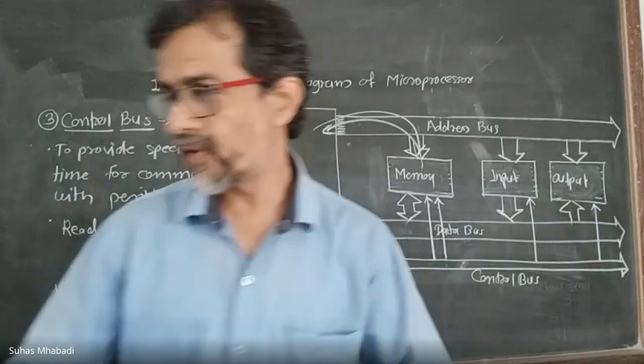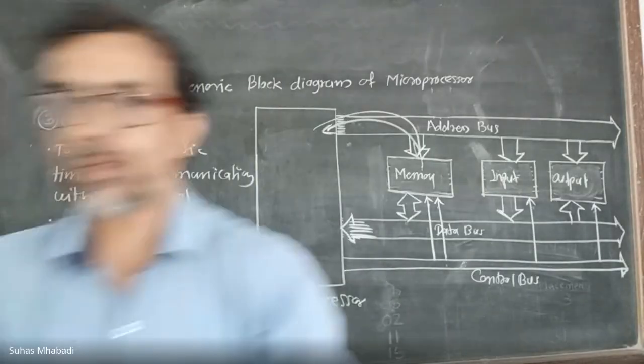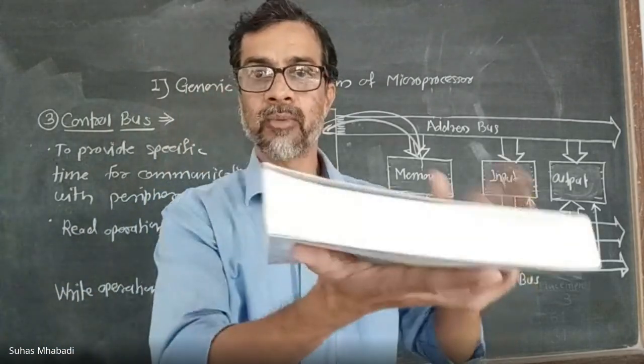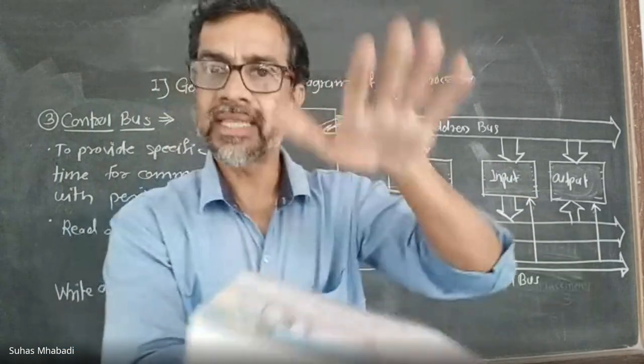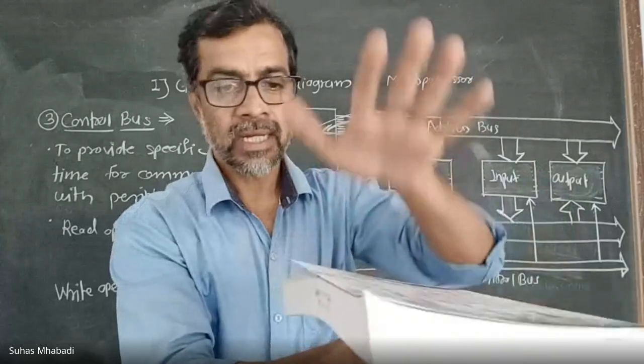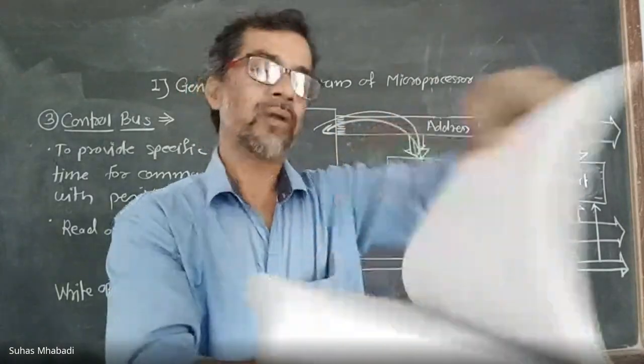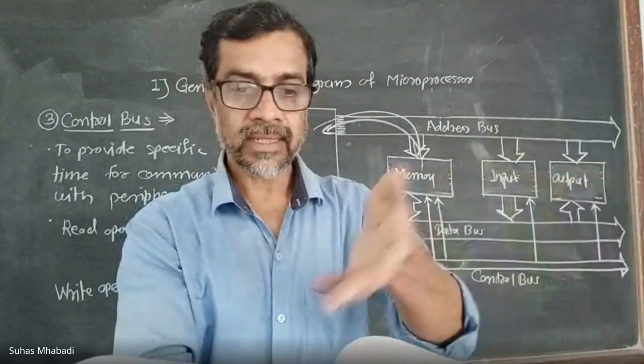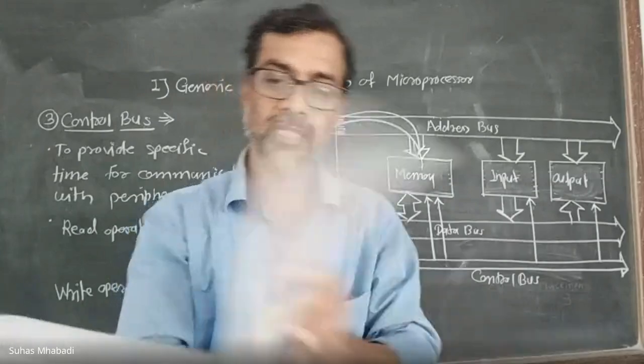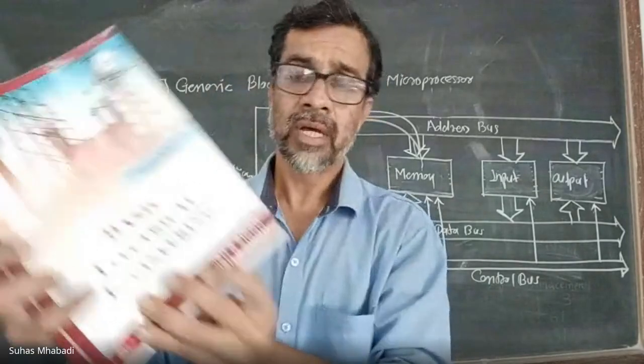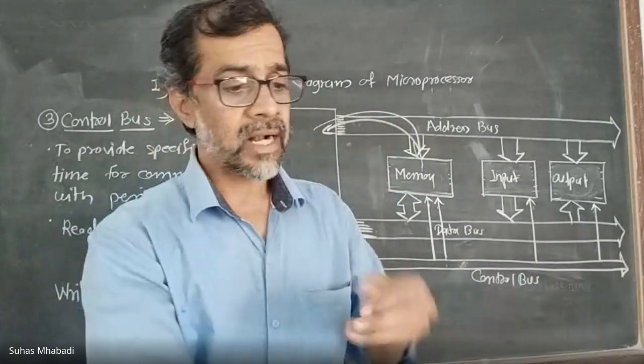So what will I do? Obviously, I will collect a book. This is the book, and I open it. The contents are there in the book. This is a peripheral device. So I open the book and start reading the contents.